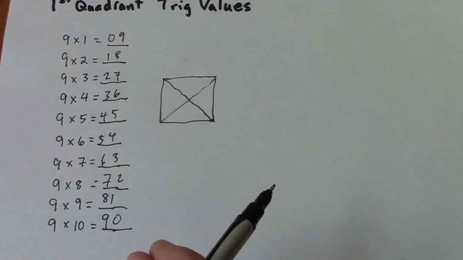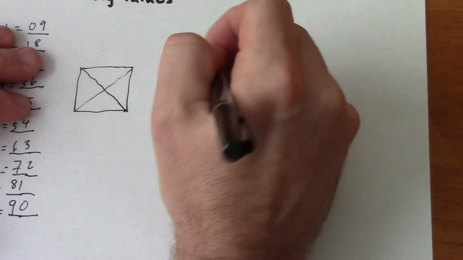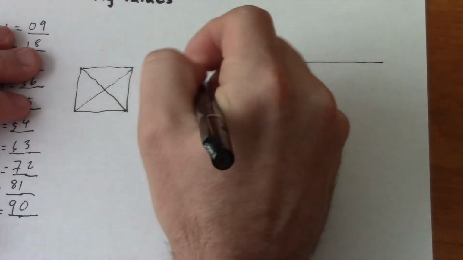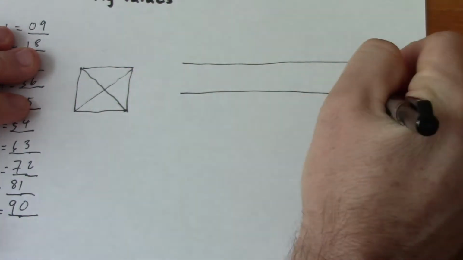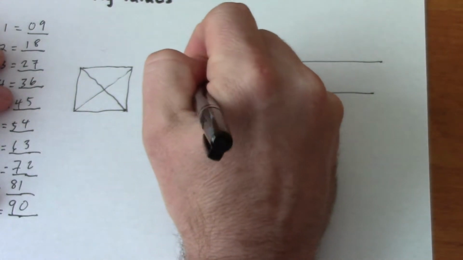And you may be wondering, what does any of this have to do with trig values? All right, well, let's make a table here. Okay, so I'm going to talk about the sine and cosine values.